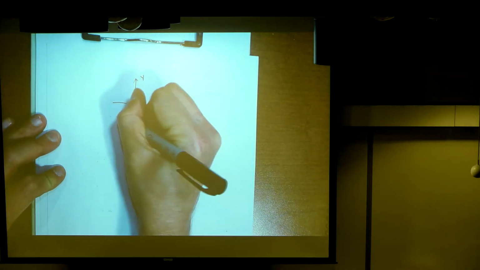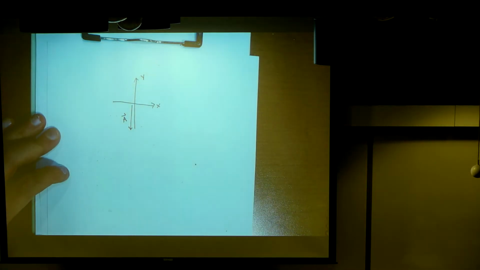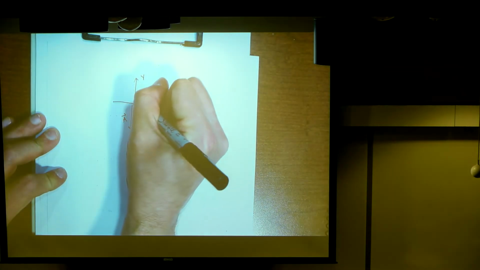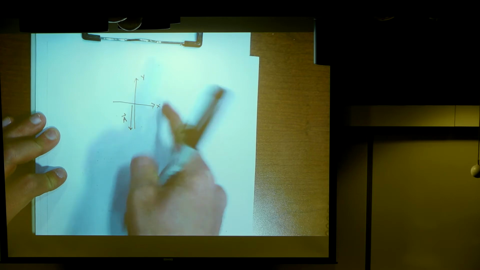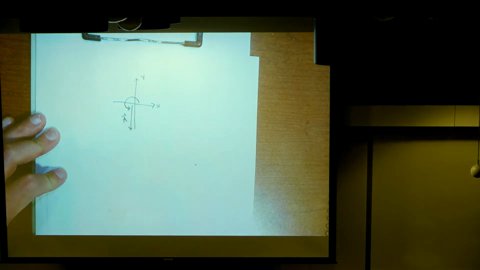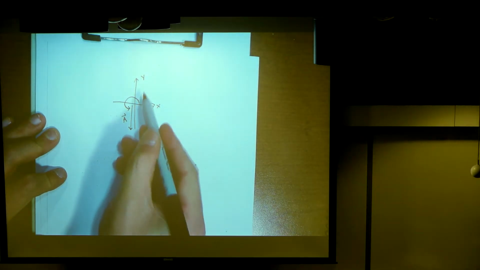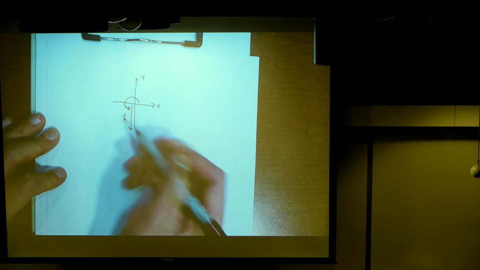So let's call this vector A, as we typically do for a generic vector. Remember the way we measure the angle. We start on the positive x-axis, and then we go counterclockwise like this, okay? So clearly, we're going to have 90 degrees, plus 90 degrees, plus another 90 degrees to get to this point.